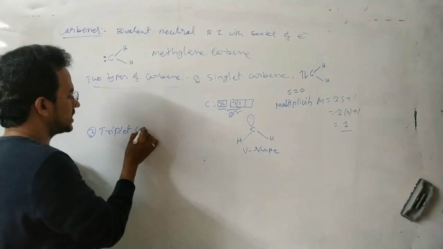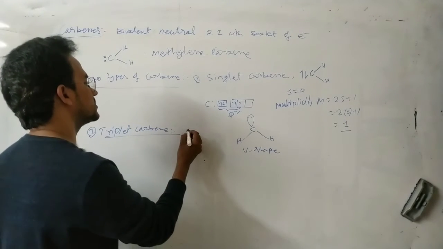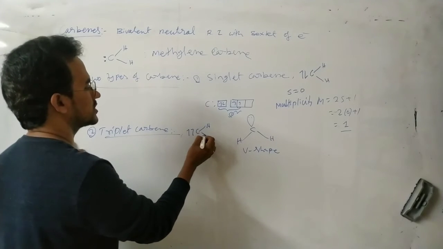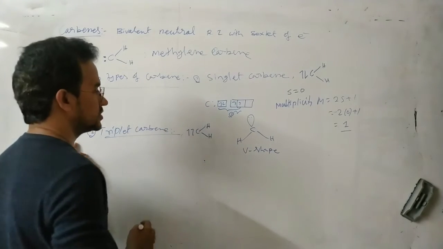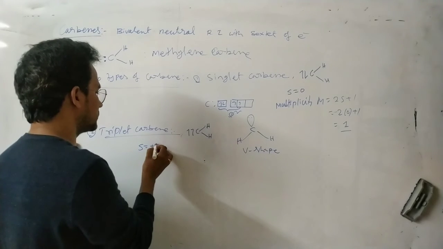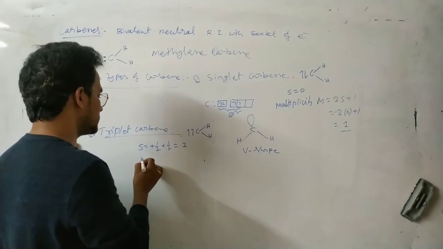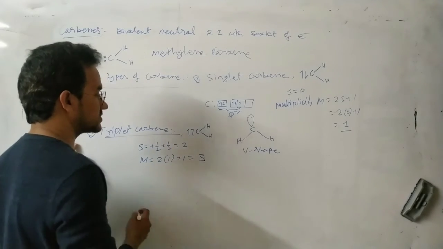Now the second type is triplet carbene. Triplet carbene means those 2 electrons are not paired. So in this case S equals plus a half and plus a half, that equals 1. That means the multiplicity 2 into 1 plus 1 equals 3. That's a triplet carbene.